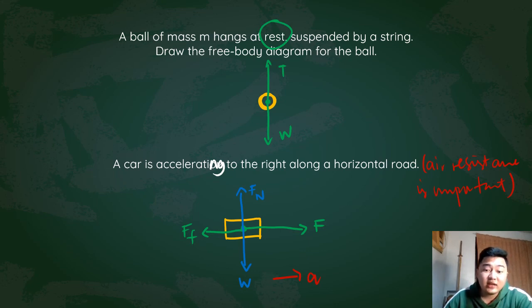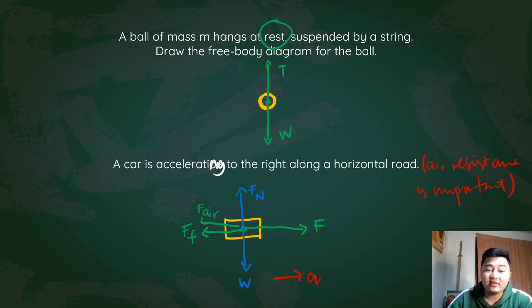We also need another force that is opposing. Remember, air resistance is a type of friction. So the free body diagram will have another force here, which will be your friction of air.